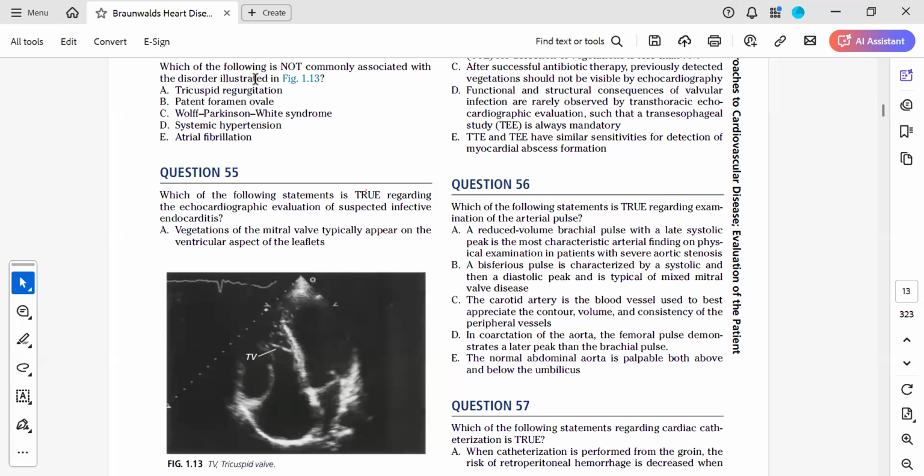There also seems to be an interatrial defect, but because there's no color Doppler there, we can't objectively say there is a defect or not.